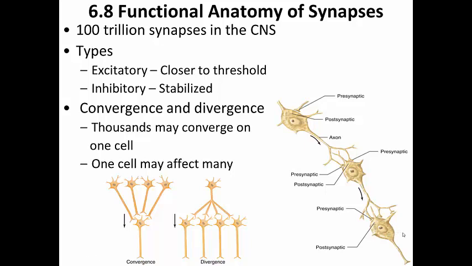This is not a branching circuit, but if you superimpose the ideas of convergence and divergence onto synapses, you could imagine some pretty complicated circuits. In fact, it's those circuits among the 86 billion neurons in our brain that really compose what we know as the human brain.